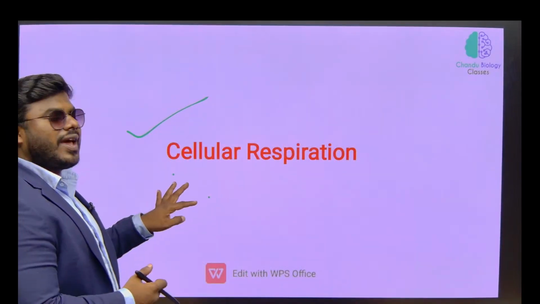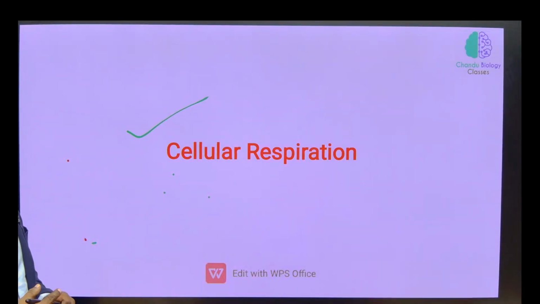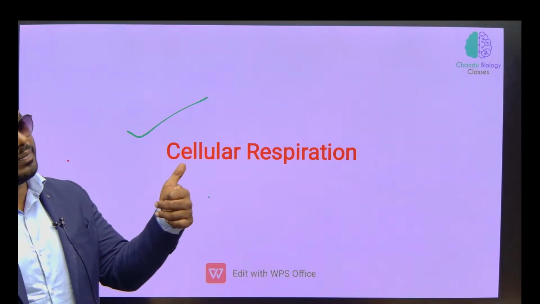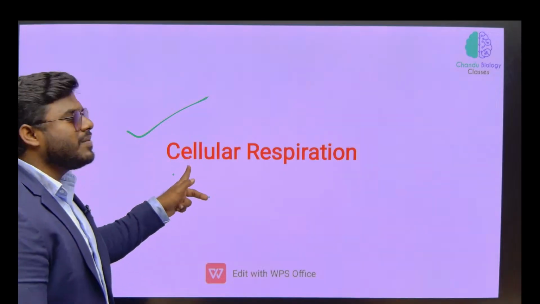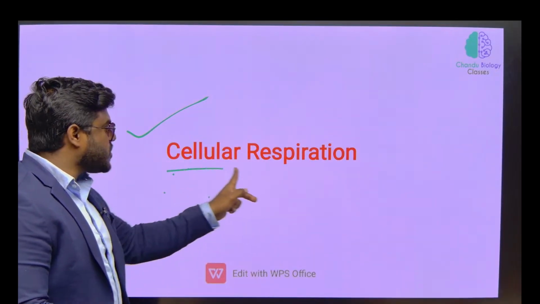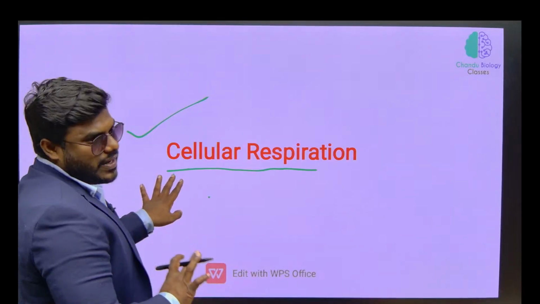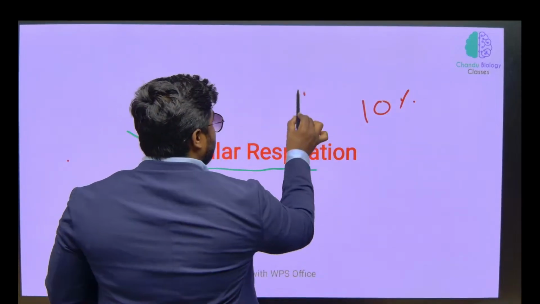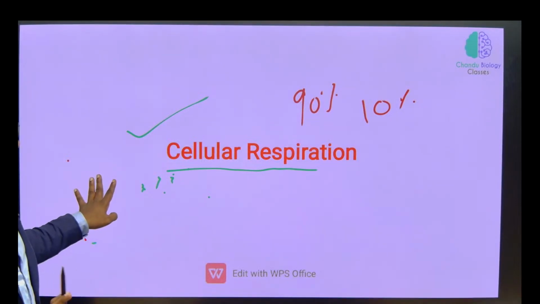Most of the students cannot answer the questions from photosynthesis and cellular respiration. 90% of the questions come as statements, assertion-reason or matching based questions. There are 3 possibilities majorly. And this concept I can tell all of you, 10% to be remembered, 90% to be understood. By that you can answer any kind of question in the exam.